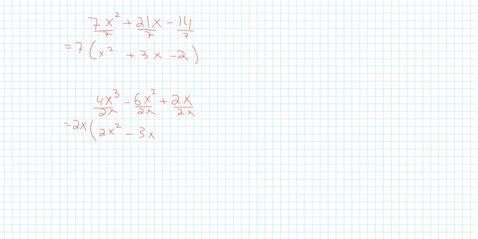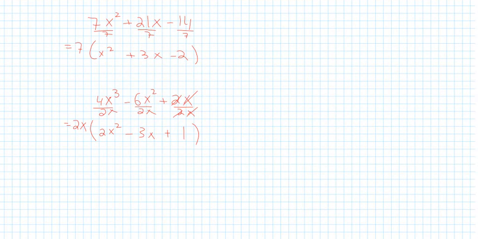Plus 1. Because the x and the x, they're going to cancel each other. The 2 and the 2, that's 1. When you divide something by itself, it gives you 1. All right? Are we okay with this?